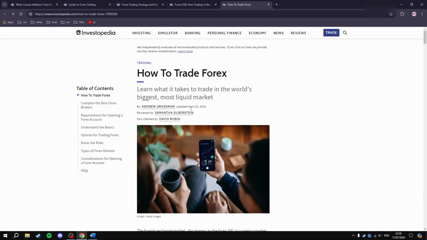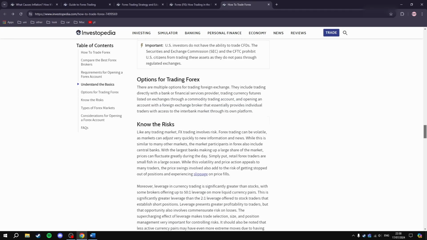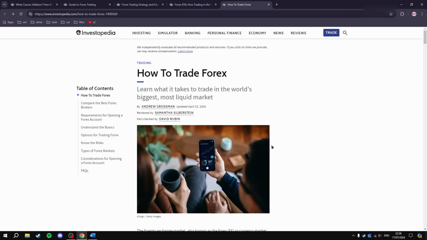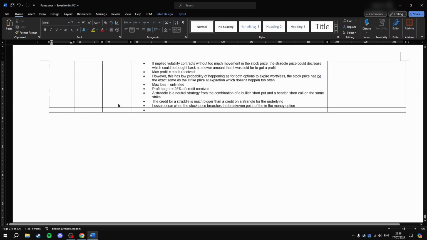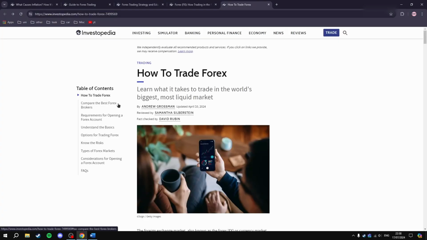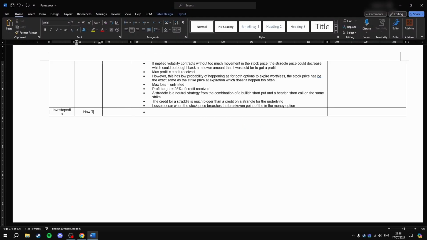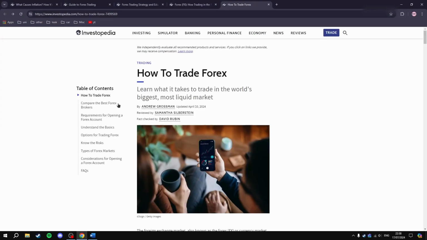Okay, I can't really find it, but yeah, let's just do this one quickly then, because it looks like it's only one page for some reason. So, how to trade Forex, Investopedia. And it's called How to Trade Forex. Date is the 17th 07 2024. Okay, very nice.